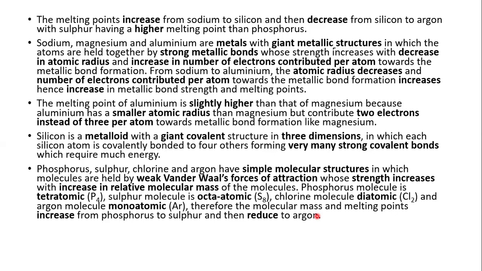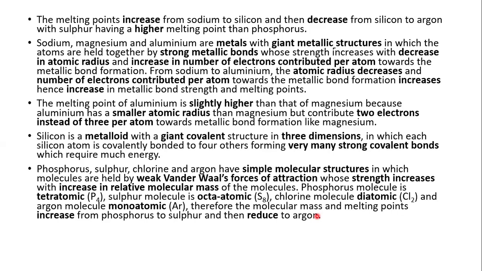The trend took 1 mark, and someone should not say across the period, but should say the boiling points decrease from sodium chloride to silicon tetrachloride, because these are compounds, chlorides, of the elements.